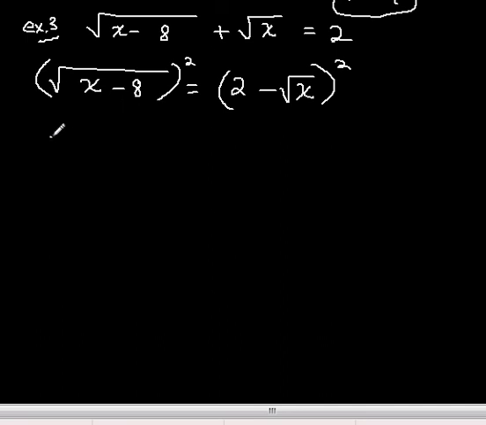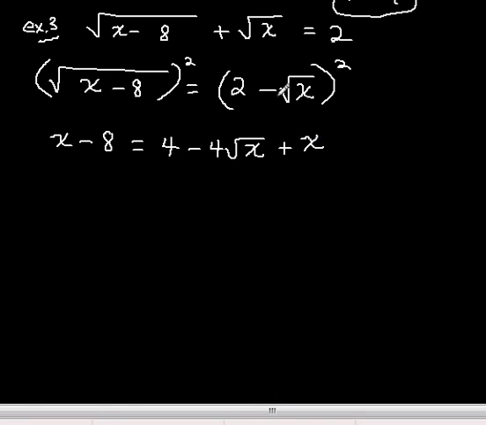And so we get x minus 8 equals, you FOIL this, you don't square the 2 plus the square root of this, you don't do that, we FOIL it. So we can FOIL using the little formula. You square the first one, you multiply these two together, so that would be negative 2 square root of x, and we take it times 2, so it's negative 4 square root of x. You square the last one, so it's always going to be positive, and that's going to be x.